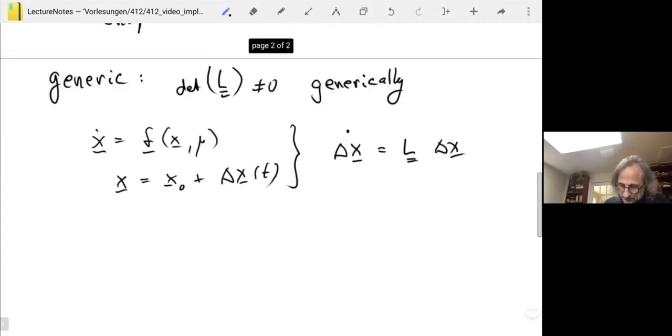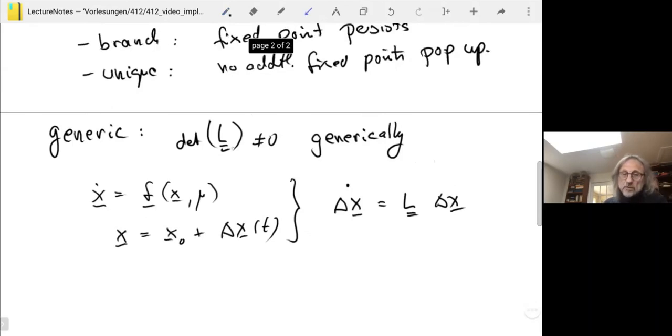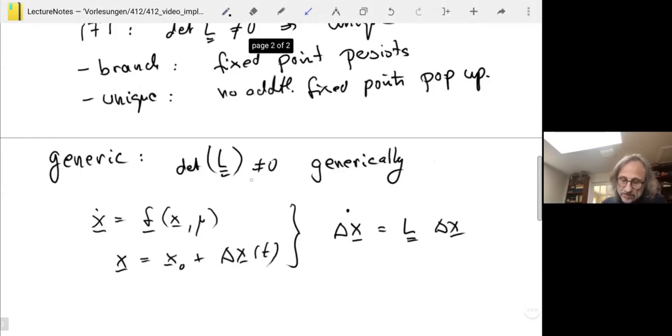And so the stability of that fixed point is determined by the eigenvalues of L. If the determinant is not 0, we get a branch. Or the other way around, we don't get a continuous branch. Things will happen if the determinant is 0. When the determinant is 0, that means an eigenvalue is 0.